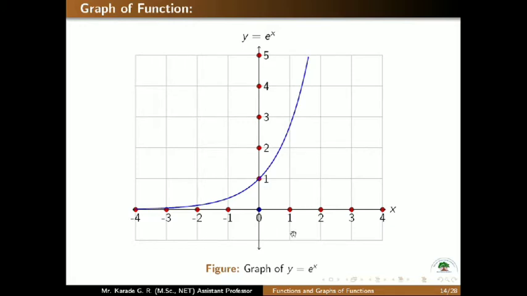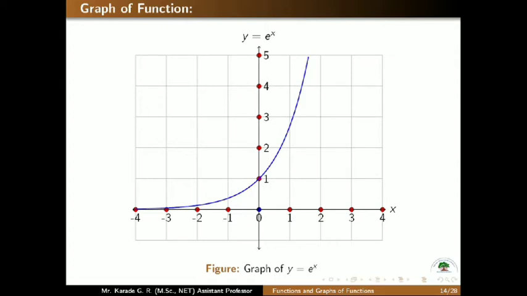The limiting position of the function when x tends to infinity is infinity. And when x becomes smaller and smaller, the values of the function approach the line y equal to 0. So as values of x go on decreasing, the values of the function approach 0. So this is the limiting position of the function e raised to the power x.